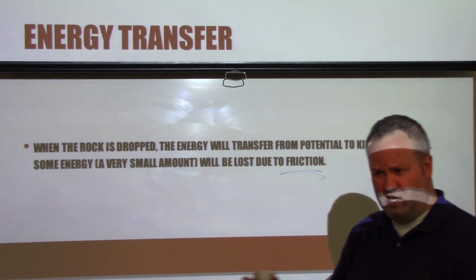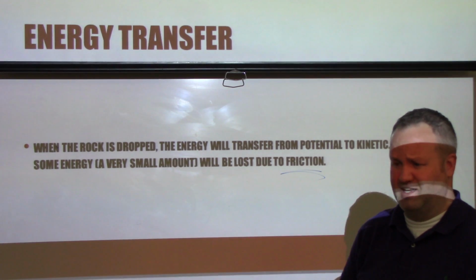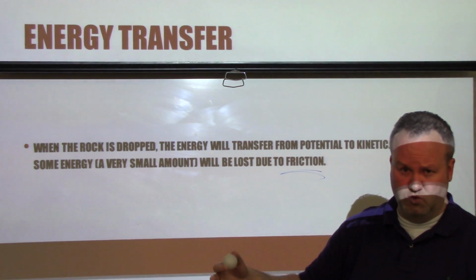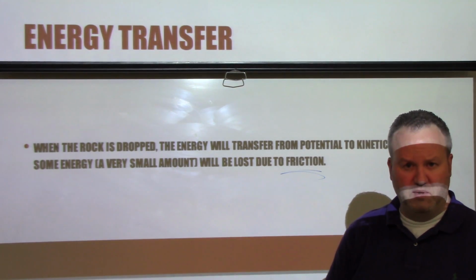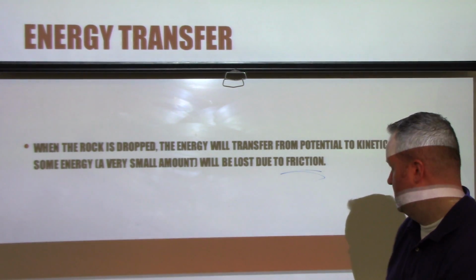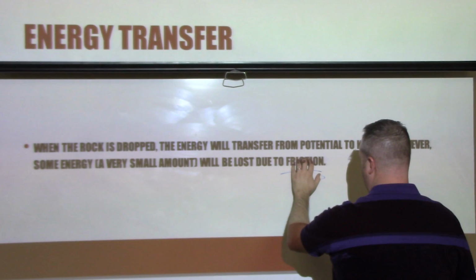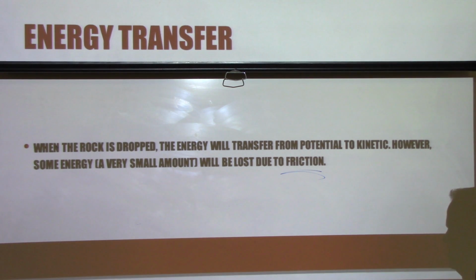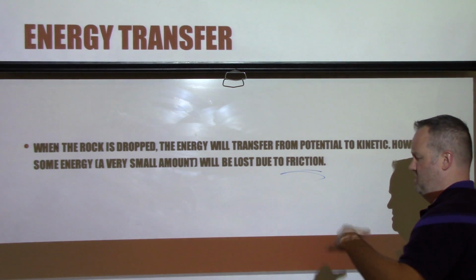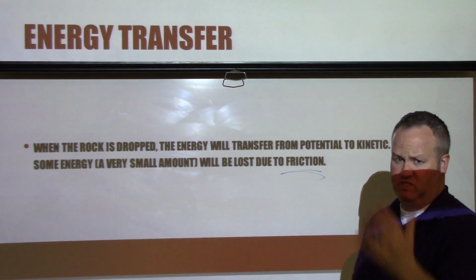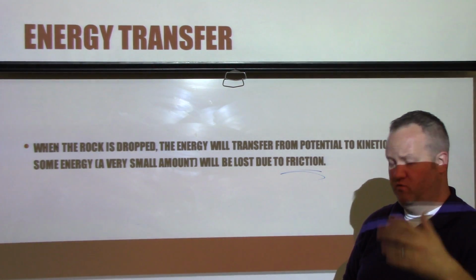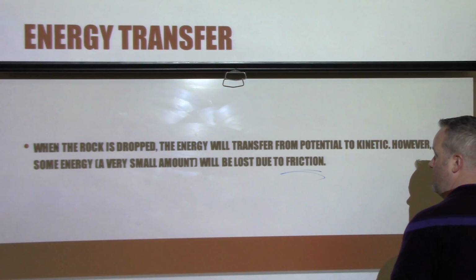So, not looking into precise measurements, we could say that it would have about maybe 157 joules of energy as it falls, maybe subtract a few joules here or there. But friction is something that's always going to impact energy, especially kinetic energy. Not so much potential energy, because potential energy is really just energy something has because of its position. But when it begins to move, that's when friction comes into play.